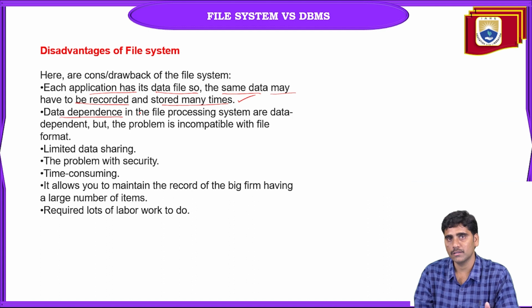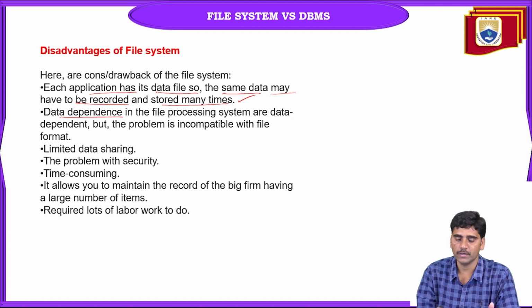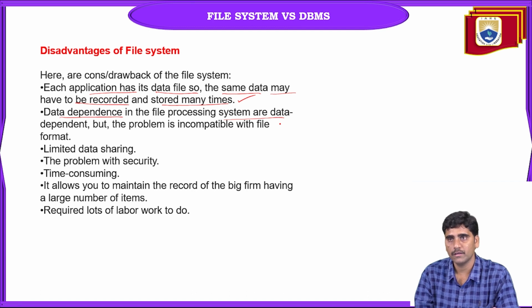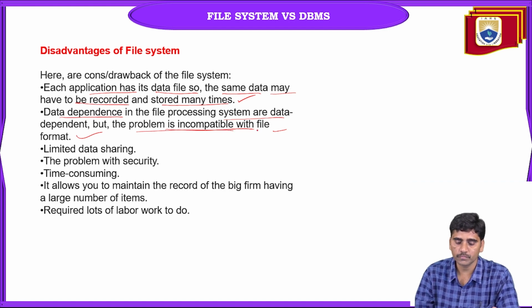Data dependency in the file processing system. File processing systems are data dependent, but the problem is incompatibility with the file format. That means the files are saved, but duplicate files are not saved, only the format is different, then it is saved. So here the problem is incompatible file formats.